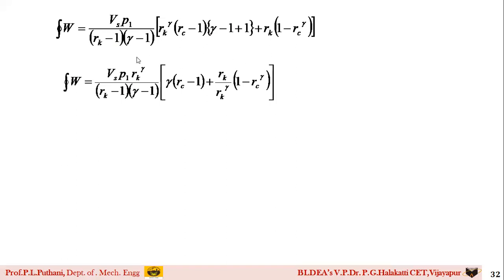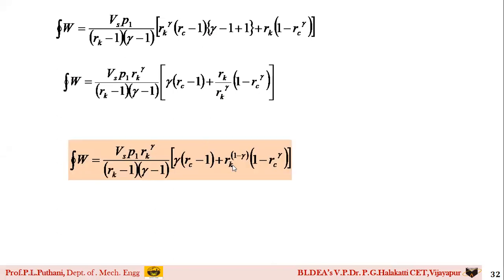I have taken it as common and I get gamma into Rc minus 1. This gamma I have taken here, and as I have taken Rk raised to gamma as common, for the second bracket, Rk divided by Rk raised to gamma comes. If I take it to the numerator part, what do I get? Rk raised to 1 minus gamma. This is the work done equation.